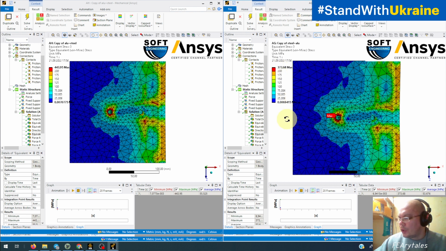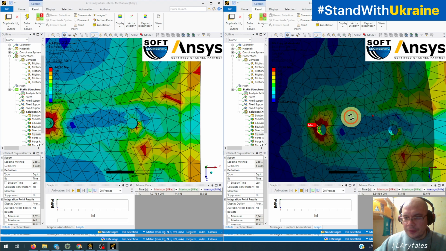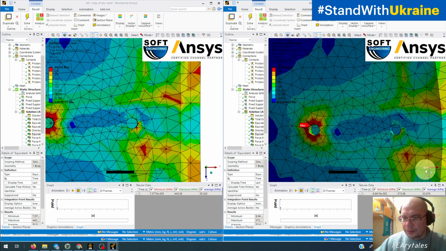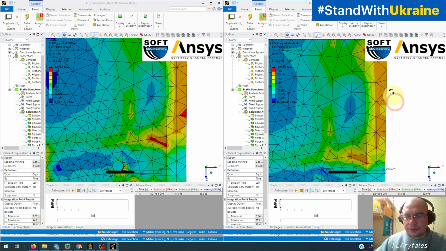So we have around 70 megapascals, it's about 17% of error. And also we see differences in stresses here and here.